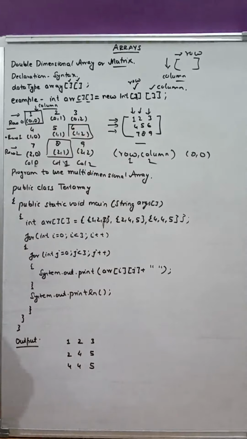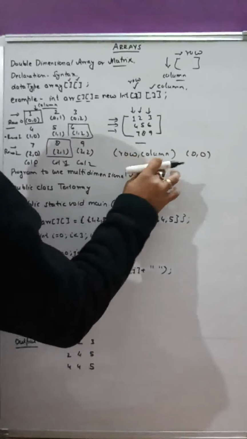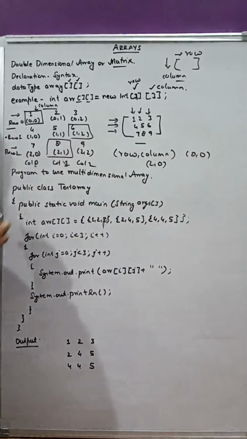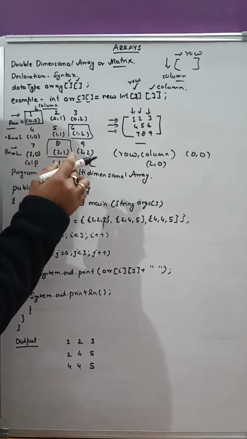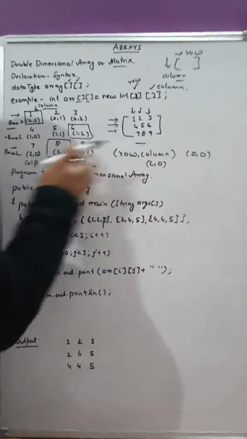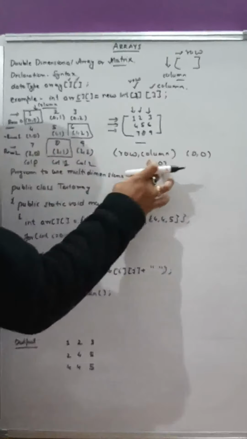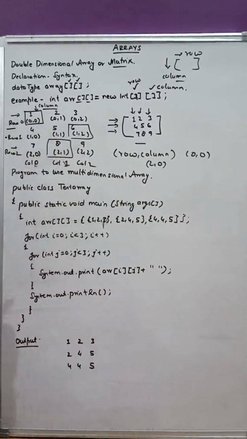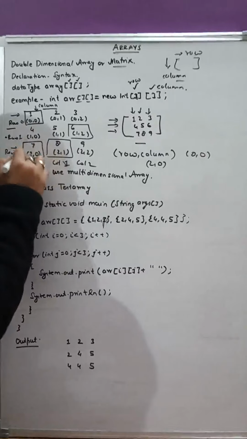Now suppose I ask about row 2 and column 0. The row is 2 and the column is 0, so this position has the value 7.